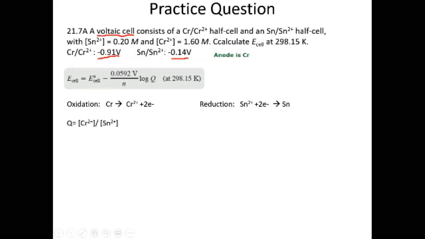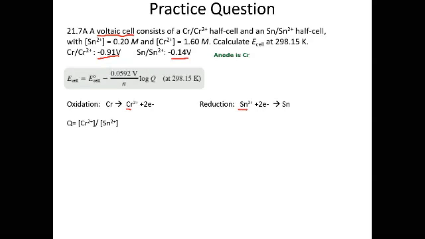Q is the concentration of chromium 2 plus over tin 2 plus. And that's because chromium 2 plus is the product, tin 2 plus is the reactant. And the way I know it's this is because we're talking about a voltaic cell, which means it has to have a positive E of cell.